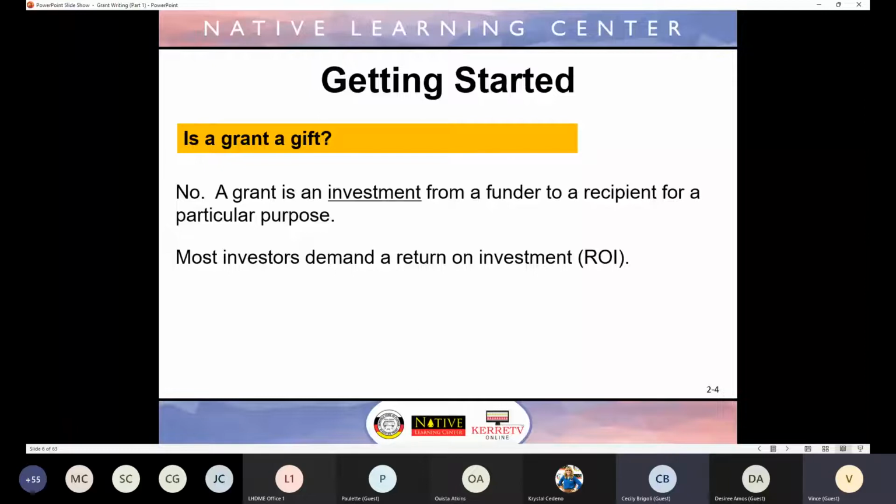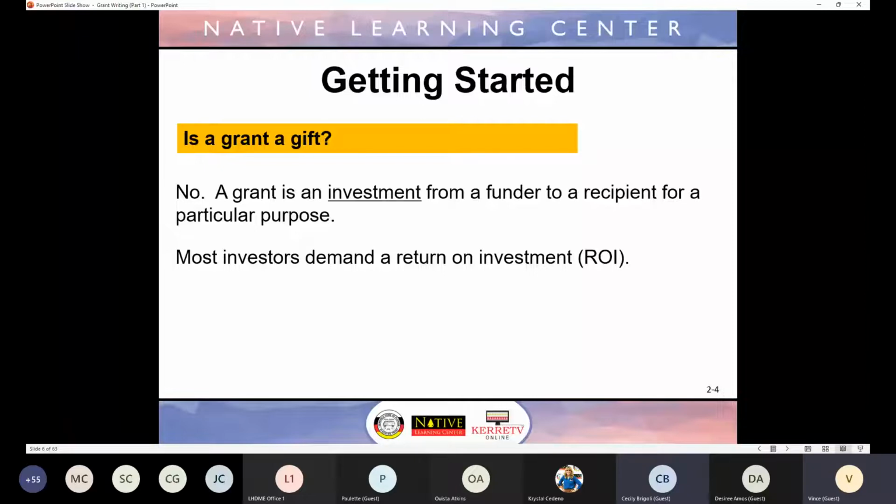I think it's a very positive way to look at it, and it makes us fiduciarily responsible for the grant that we are receiving. Fiduciary means we have a financial obligation to make sure that the funding we're receiving is considered an investment, and that we are doing everything within our power to make sure the investment is being used the way it's designed to be used, to meet the needs of the organization.